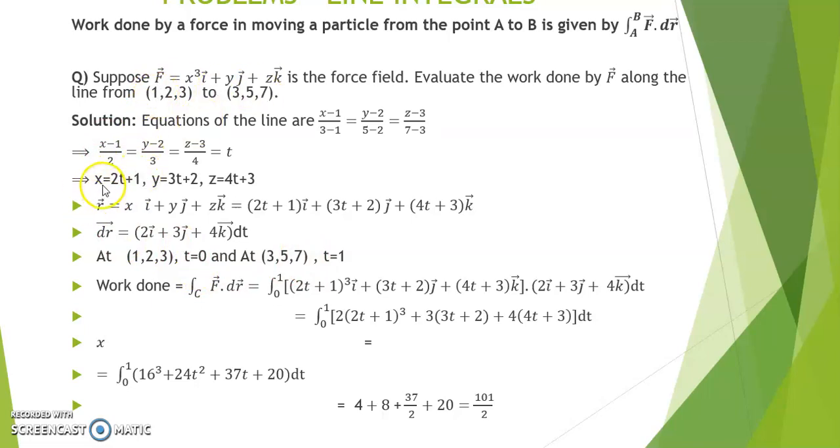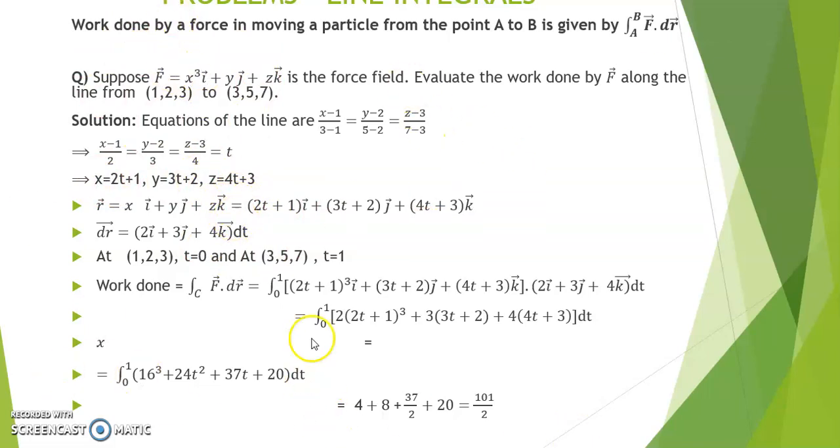If I substitute 1, I'll get t equal to 0. If I substitute 3, I'll get t equal to 1. The same way for y, I'll substitute y equal to 2 and y equal to 5. And for z, I'll substitute z equal to 3 and z equal to 7. For all these 6 values, I'm getting only 2 values of t, which is t equal to 0 and t equal to 1.